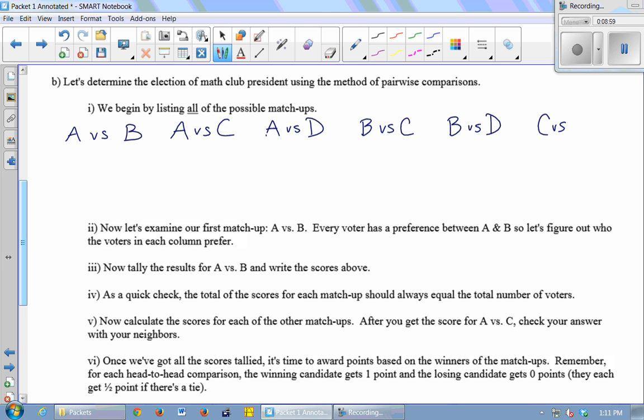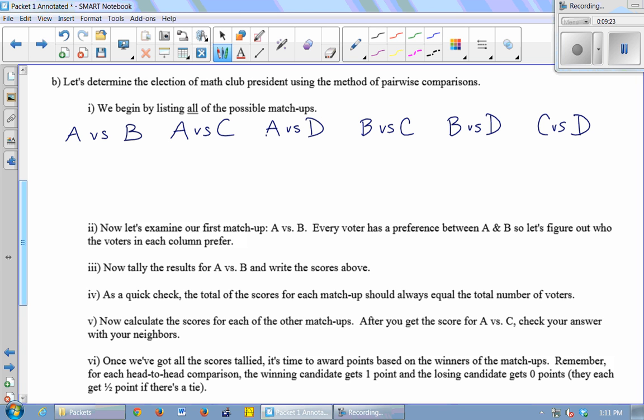So I just do C versus D. And then D's are all done. D has been matched against everyone already. All right, so these are all the possible head-to-head matchups. Everyone is matched against everyone else. There are 6 matchups when you have 4 candidates.